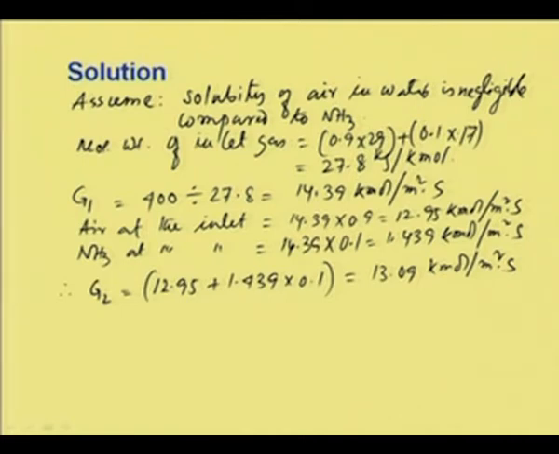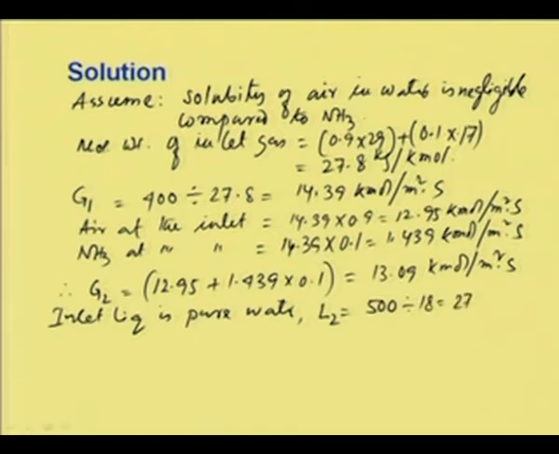The inlet liquid is pure water. So, L 2 would be 500 by 18, which is 27.78 kmol per meter square second.